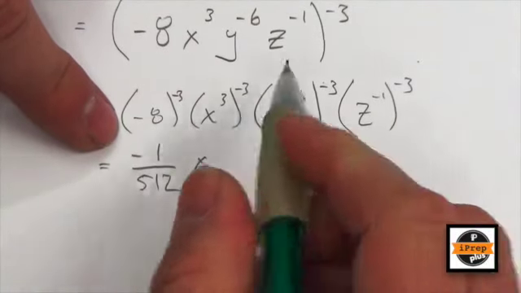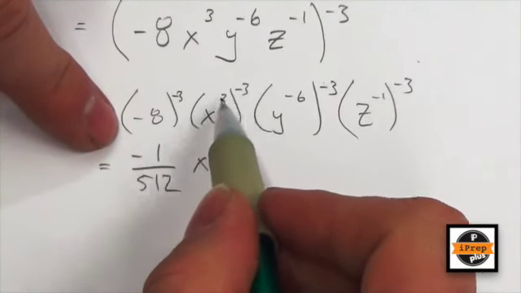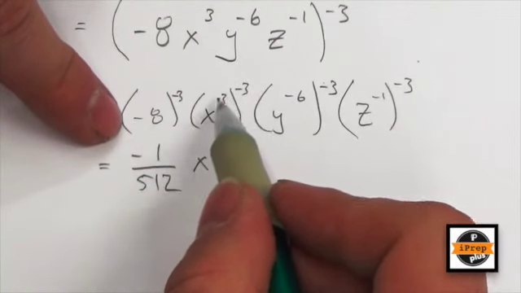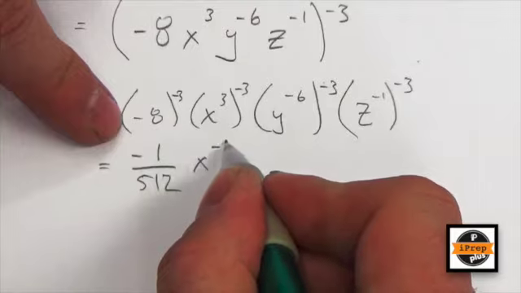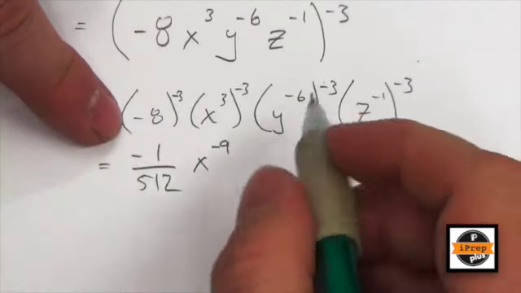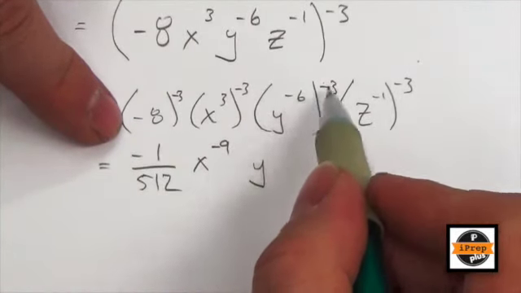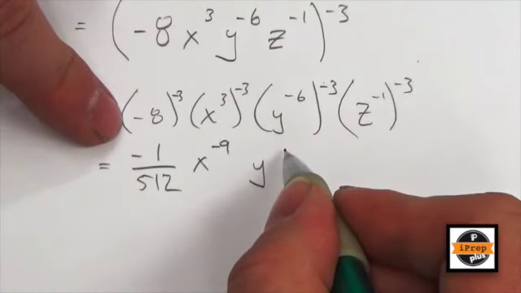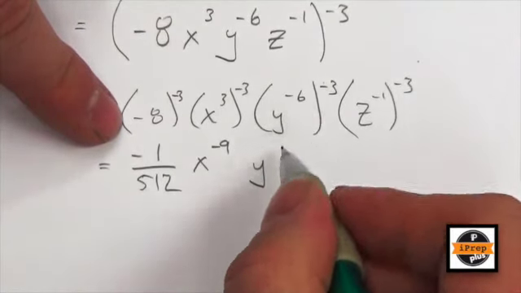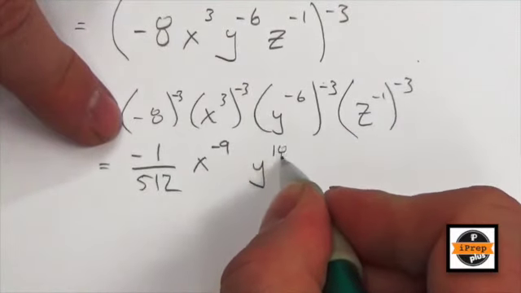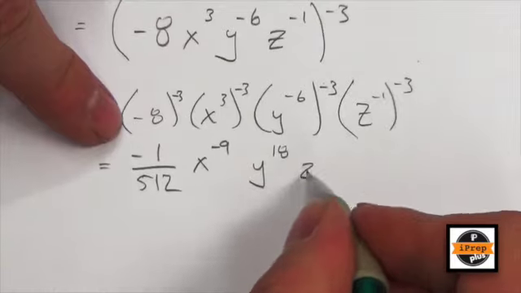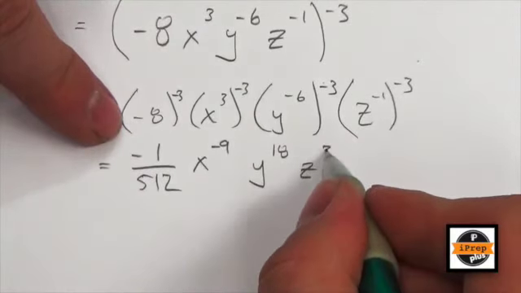Then, when you have two powers multiplied together, we probably want to deal with this first. When I have a power of a power, I multiply the exponents. This will be x to the negative 9. I'll deal with that in a bit. Here, same thing, power of a power. So I'm going to multiply the exponents, and negative 6 times negative 3 will be positive 18. And over here, negative 1 times negative 3, because of the power of a power again, will give me positive 3.